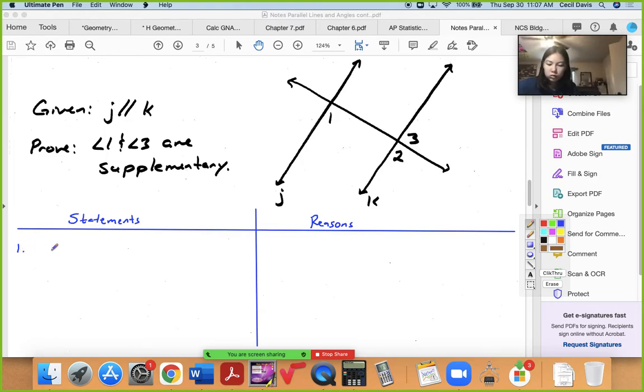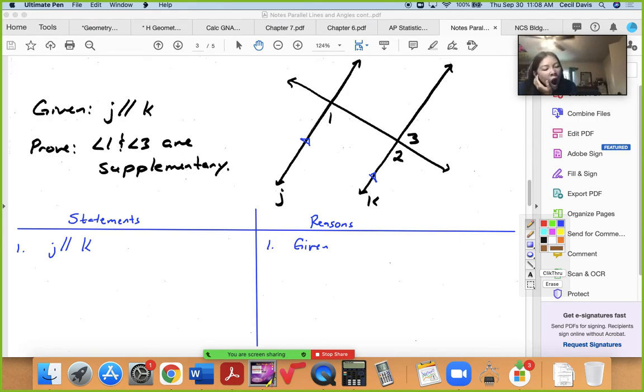All right. So we're only given here that J is parallel to K and the diagram to help us out. So if J and K are parallel, is there a conclusion that we can make about a pair of the angles here?